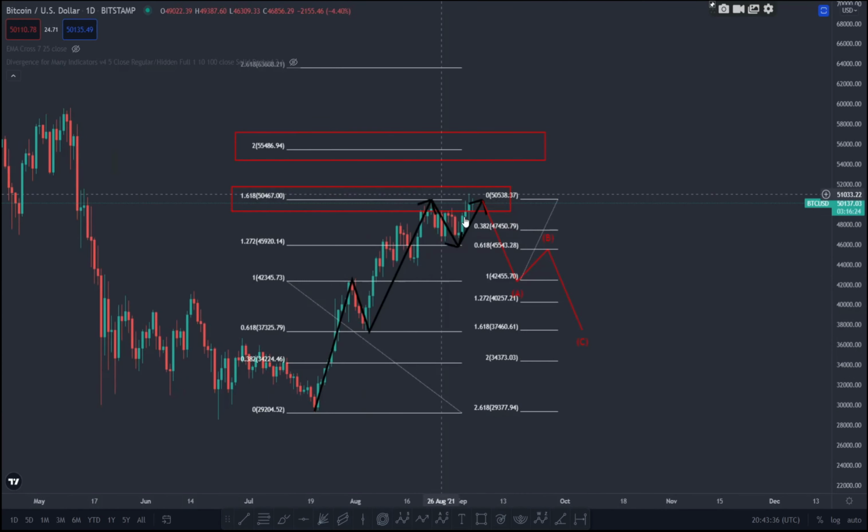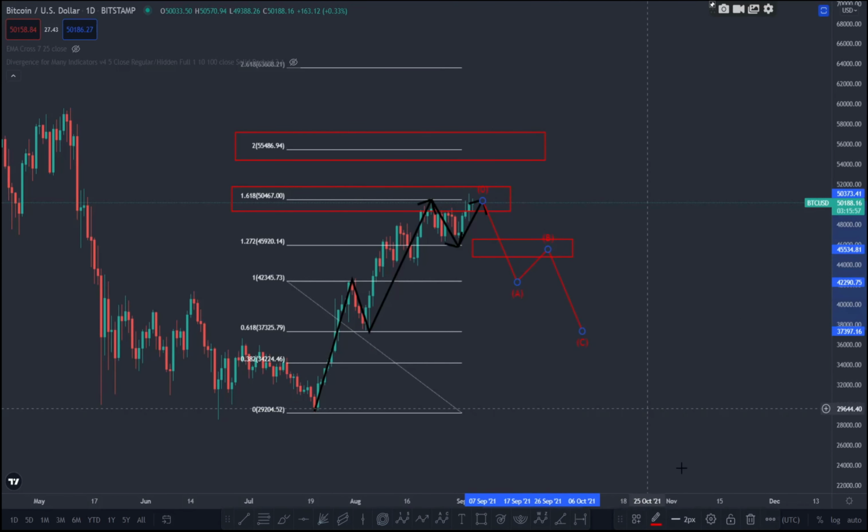And this is something that could happen. As you can see, I used the theory that the corrective wave will bounce back to the golden ratio, okay, and will end right there. And these are in confluence with major support and resistance lines.